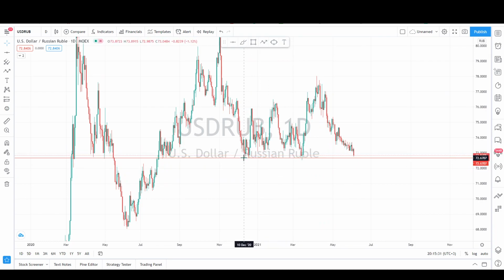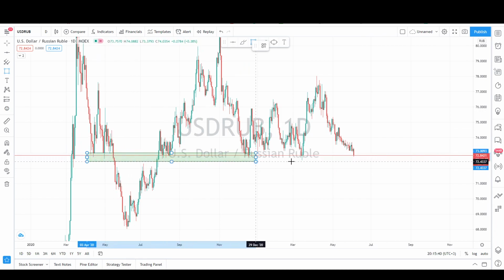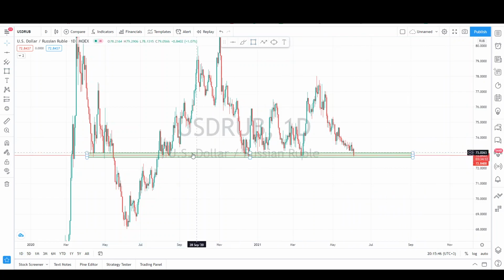And before I even go, let me also add this information: please do not view support and resistance as a point. View them as zones, because I've seen many traders or beginners actually stopped out because they thought it had broken through the support when it hadn't.